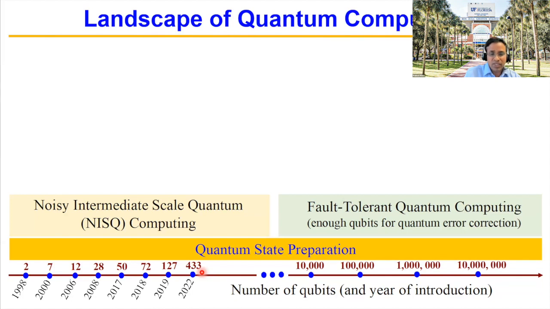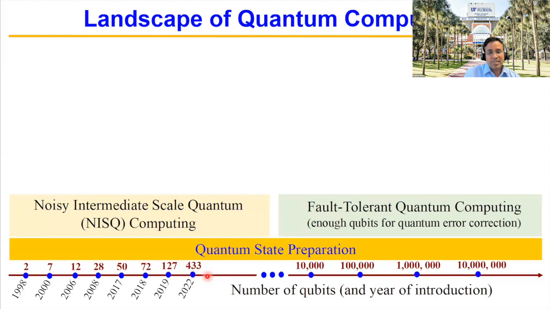You cannot do generic quantum computing using D-Wave qubits. They are specifically for annealing, so I didn't capture that in this horizon. I only captured the qubits where you can do generic computation. So what you see is that from 2 to 433, or computation power 2 to the power 2 to 2 to the power 433, that's a huge increase in computation ability.